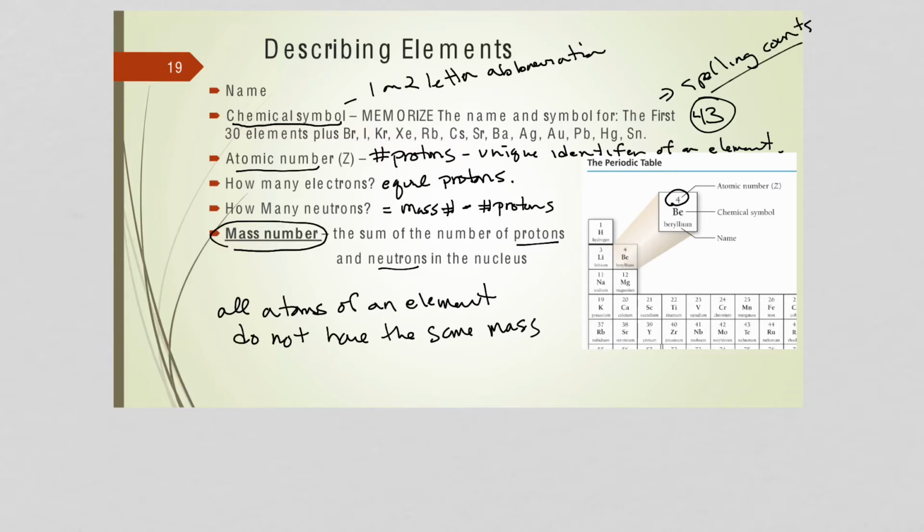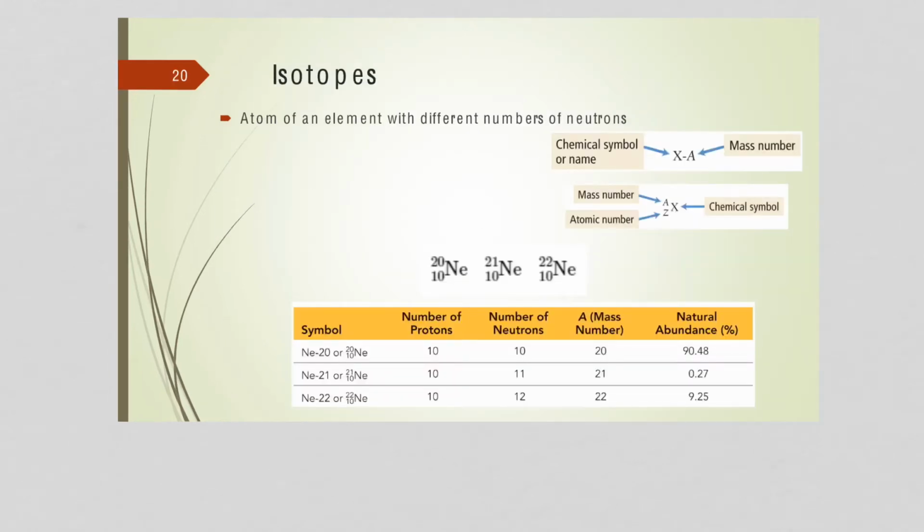There are different versions of the element that have different masses based on how many neutrons they have. And this is what we refer to as isotopes. So isotopes are different versions of an element with different numbers of neutrons.